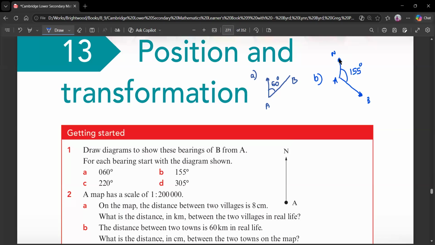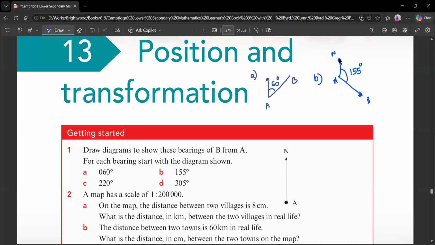From the north direction, this magnitude is 155. You can measure like that. Yes, continue like that. Next one is 220 degrees.